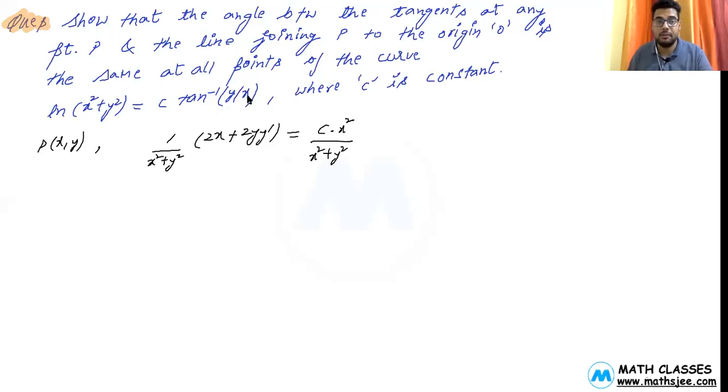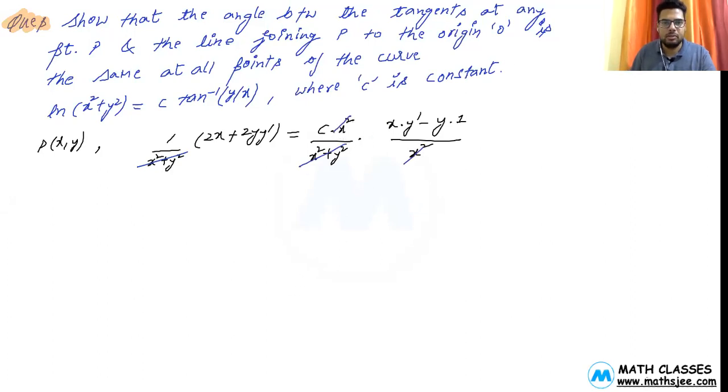Now we'll differentiate y by x, right, because we'll have to apply the chain rule. So here it will be x square. So in this case x will be as it is, derivative of y, minus y will be as it is, derivative of x, that is 1. So now if you see here, cancel out this and this.